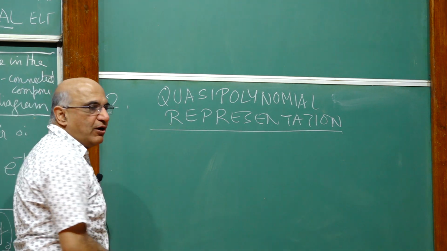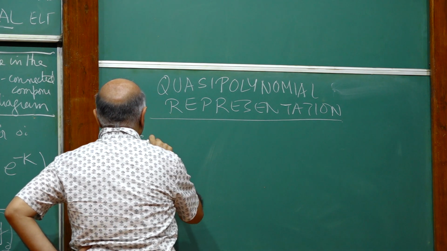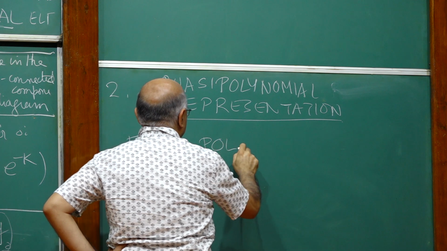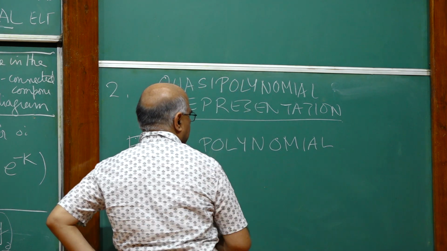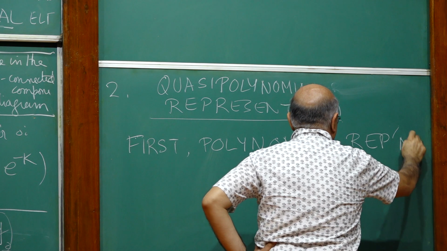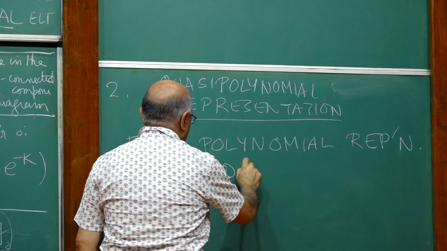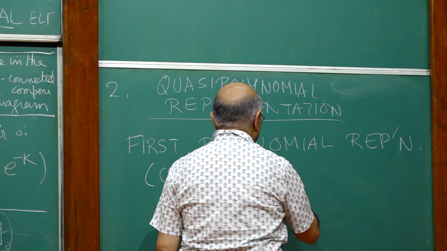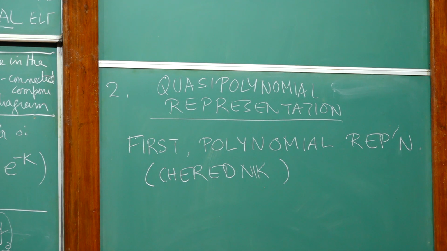So first, let me recall what the polynomial representation is. And this is due to Cherednik. What it is: you take a character of H1 and you induce to H. So it's induced from a character.